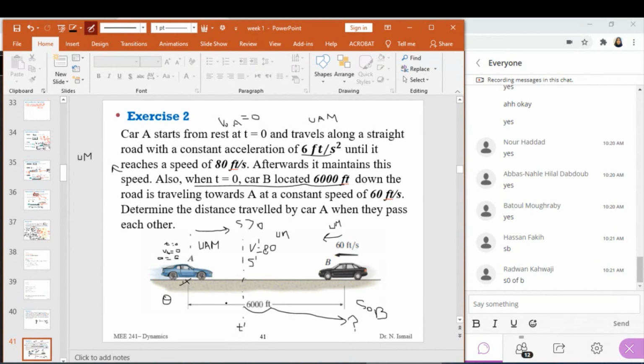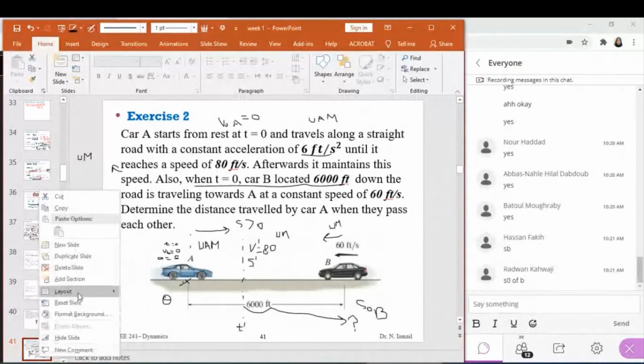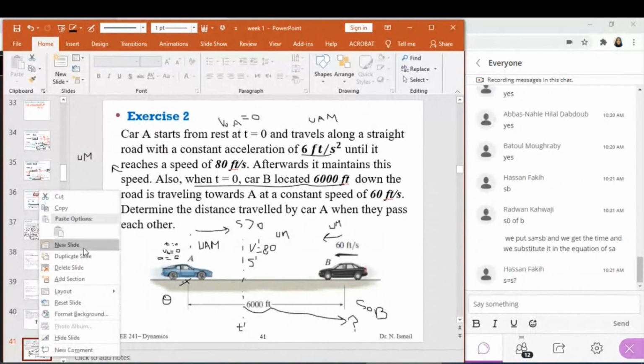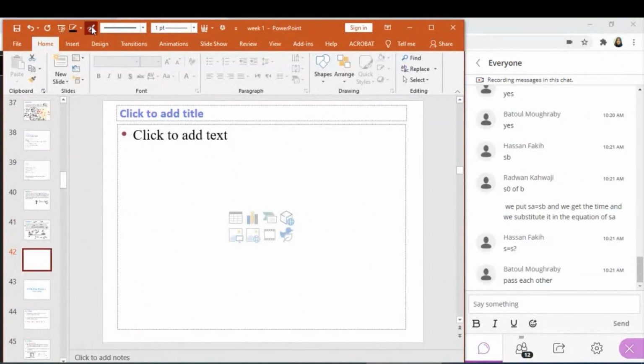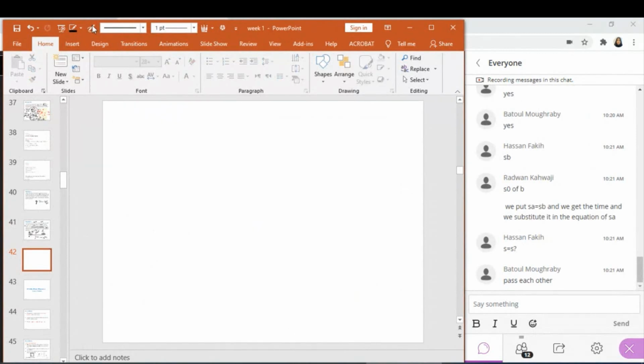Now, guys, what is the key to solve this? Yes, Radwan, you're right. What is the key to solve this problem? How can I start? So what is, guys, the key to solve this problem? Yes, perfect, Radwan. It is that SA is equal to SB at the position of intersection.